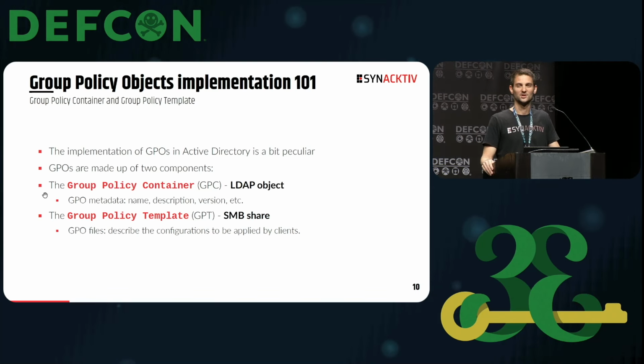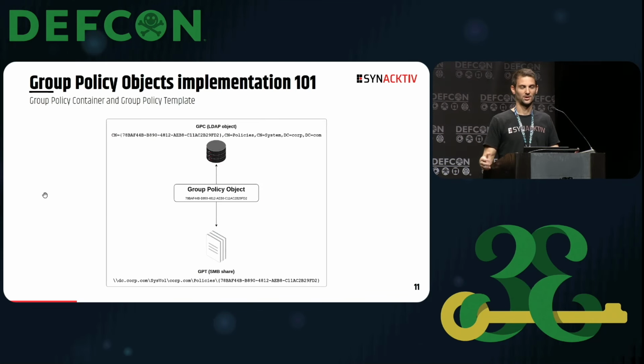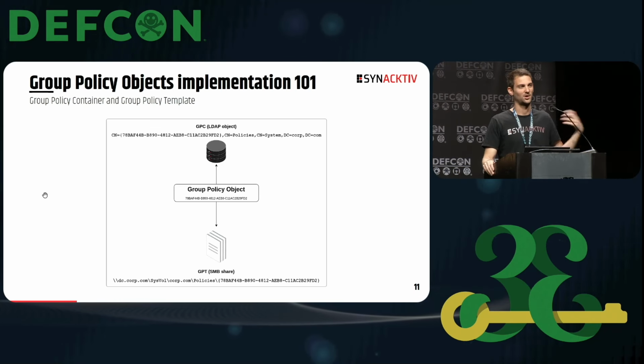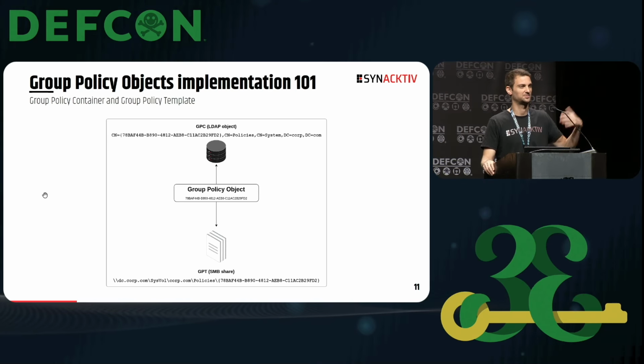You will also find the group policy template, which is an SMB share that will contain the GPO files that describe the configuration that will be applied by the clients. So what you have to remember is basically you have 2 components, the LDAP part and the SMB part, and they are tied together by a specific unique identifier, the GUID. Basically the LDAP part says where the GPO applies, and the SMB part says, okay, the GPO does these specific settings.